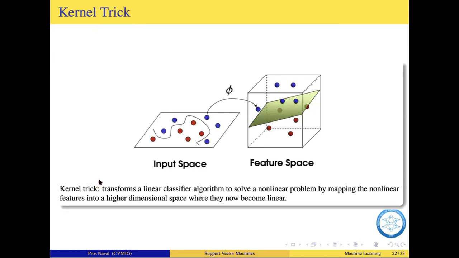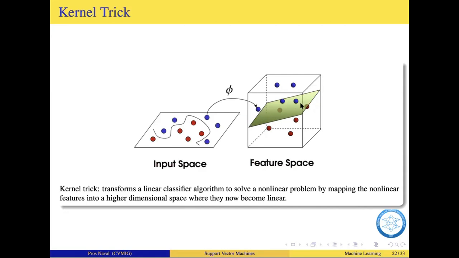So the kernel trick is the following. It transforms your linear classifier algorithm, which is what we discussed before, to a nonlinear problem by mapping the nonlinear features into a higher dimensional space where they now become linear. In other words, you do a transformation to your data, and that feature space has a dimensionality higher than the input space.